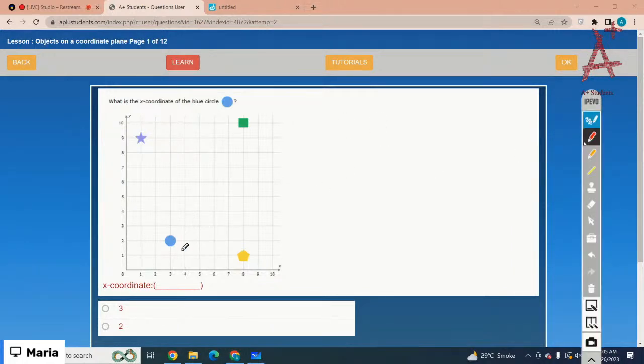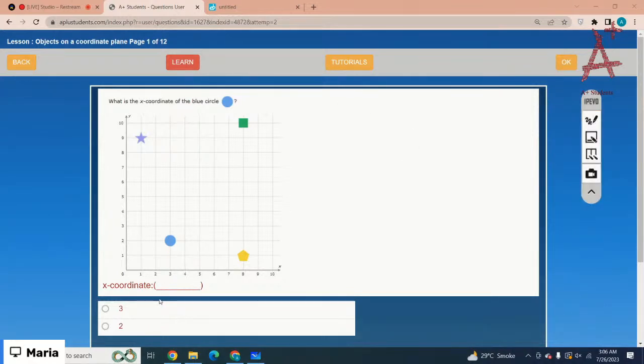Just match the blue circle to the x axis. So that means the x coordinate of the blue circle is 3. So the correct option is 3.